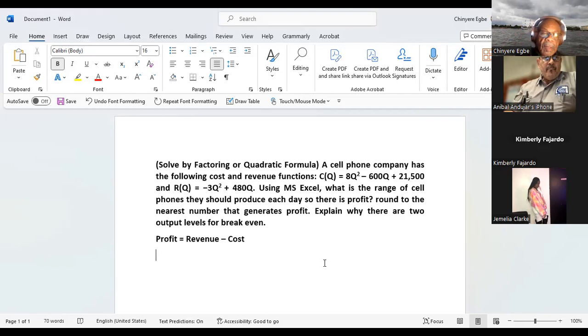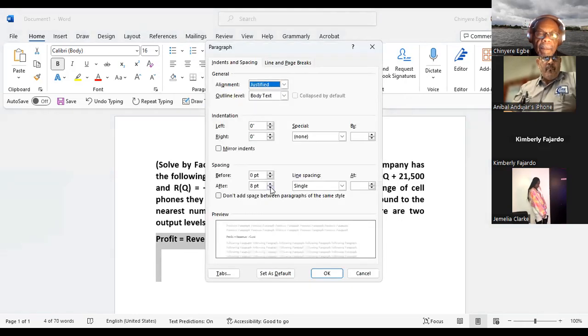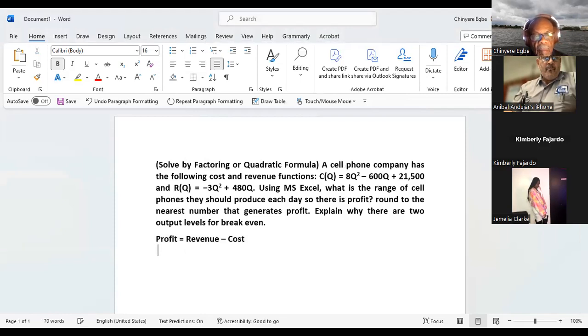So if profit is revenue minus cost, that means our profit will be equal to revenue, which is that, minus our cost.